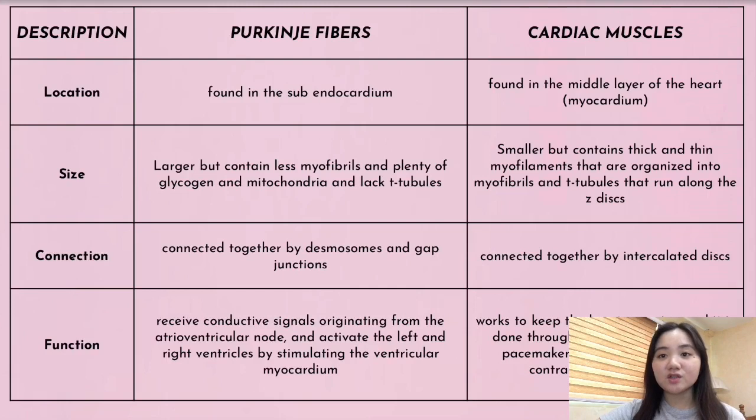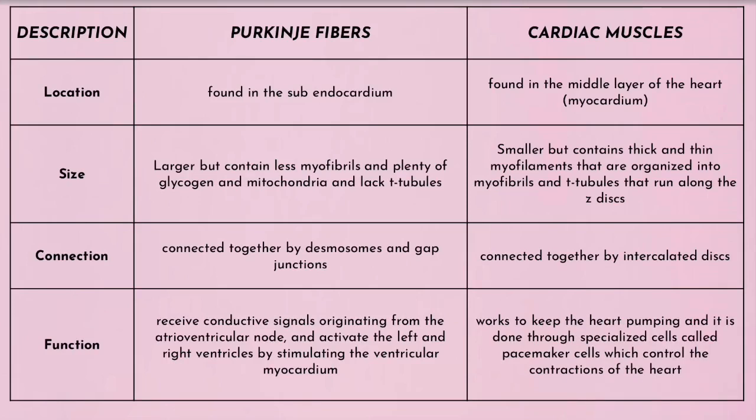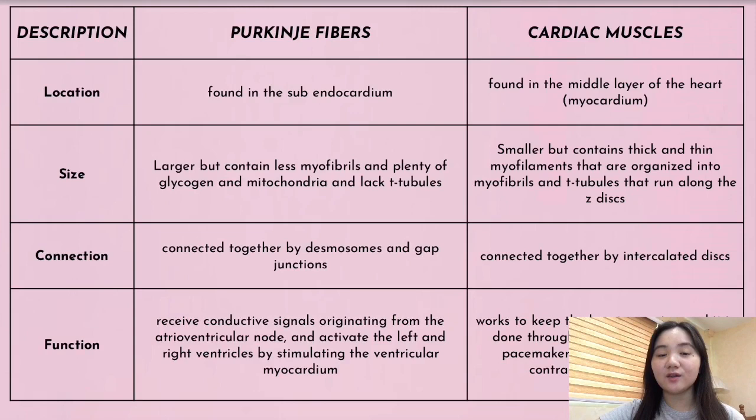As for their functions, Purkinje fibers receive conductive signals originating from the atrioventricular node, and it activates the left and right ventricles by stimulating the ventricular myocardium. Meanwhile, the other cardiac muscles are tasked to keep the heart pumping, and this is done through specialized cells called pacemaker cells, which control the contractions of the heart.